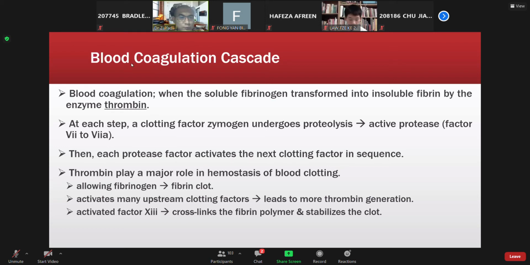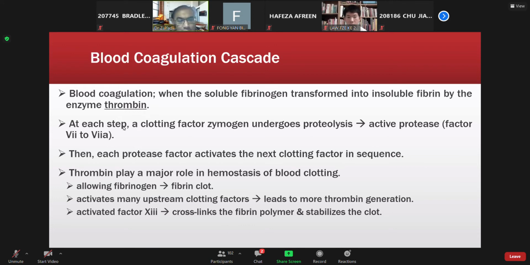Now we move to the blood coagulation cascade. Blood coagulation is when soluble fibrinogen is transformed into fibrin by the enzyme called thrombin. The drug can either stop the conversion of fibrinogen into fibrin, or the drug can also inhibit the thrombin enzyme.